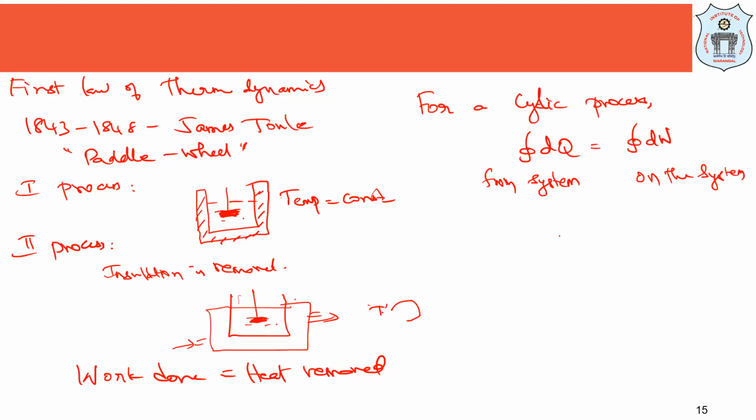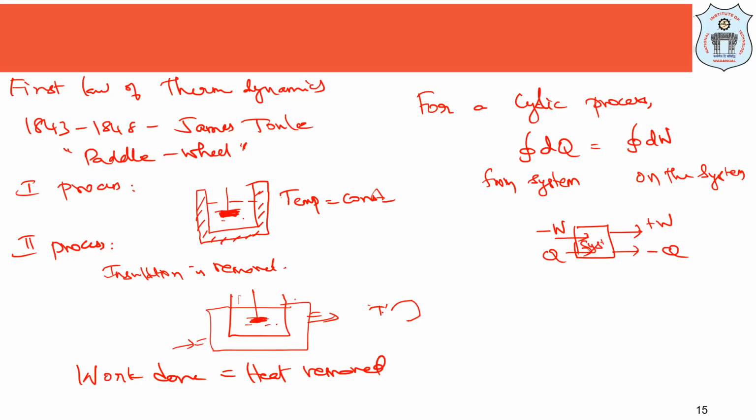So what is the sign convention? If you consider the system as the reference, work done on the system we write minus w, work done by the system we write plus w, heat supplied to the system we write q, and heat removed from the system minus q. So that is the sign convention.